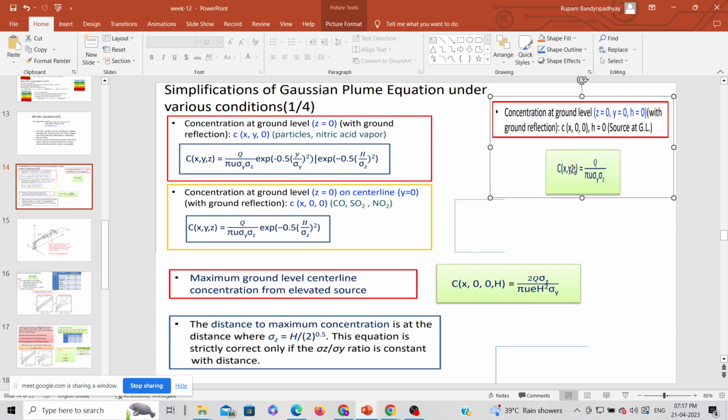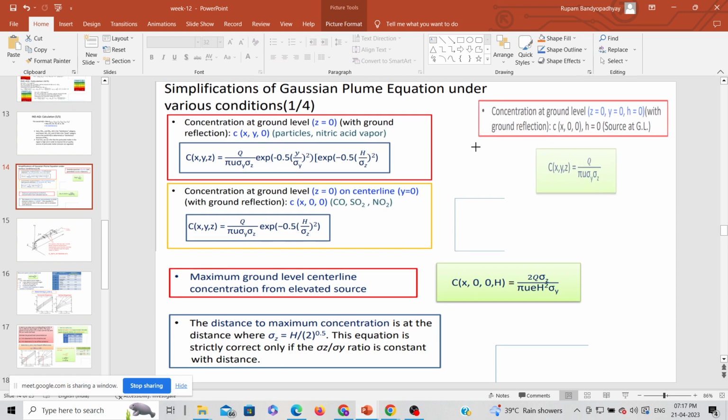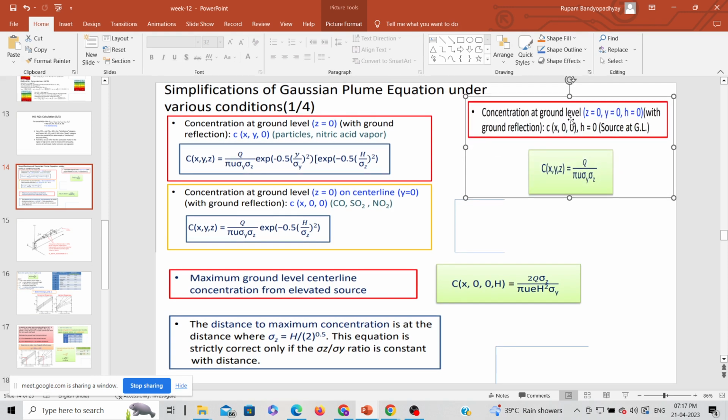And one more thing, the concentration at the ground level when the source is at the ground level. Here the source is the stack, an elevated source, so you have an h value, the stack height.